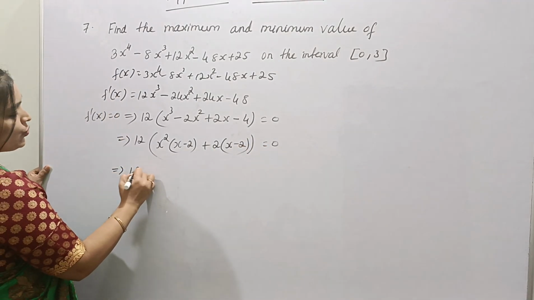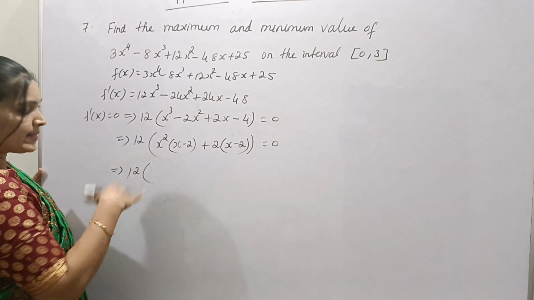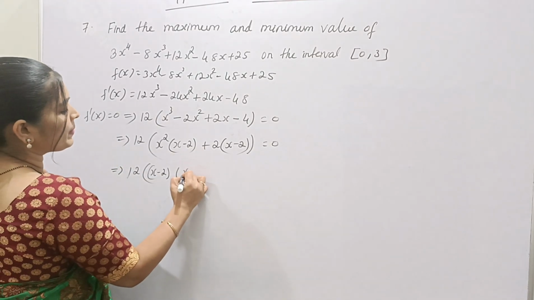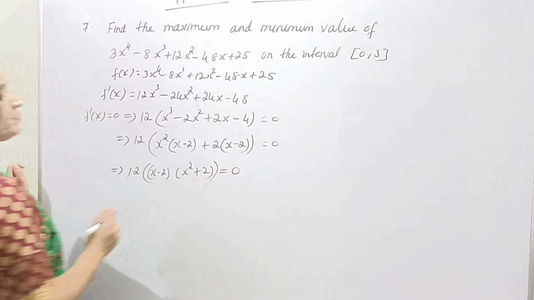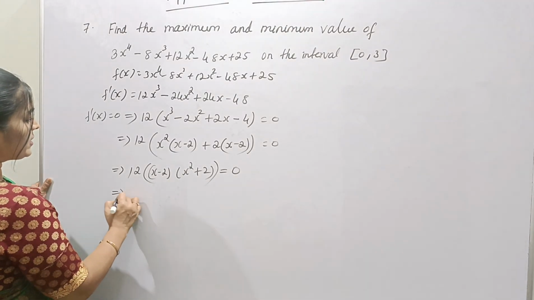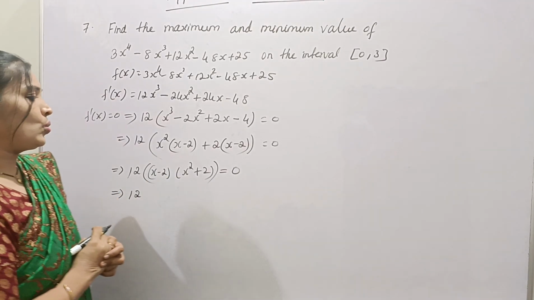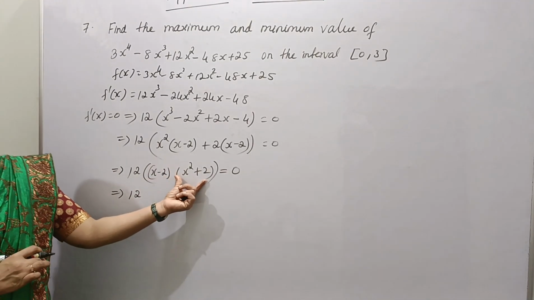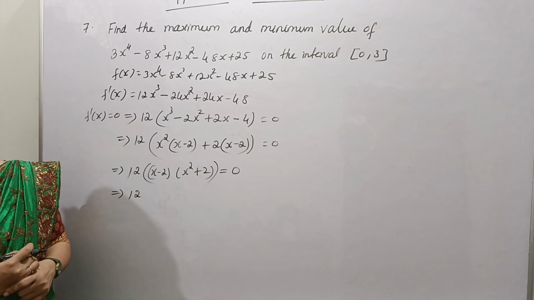So that implies 12 into, here in both terms x minus 2 is common, let's take it out. So x minus 2 into x square plus 2 is equal to 0. Here x square plus 2 is equal to 0 is not possible. Why?